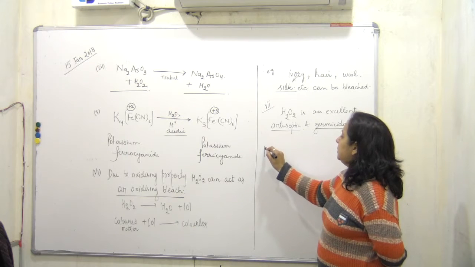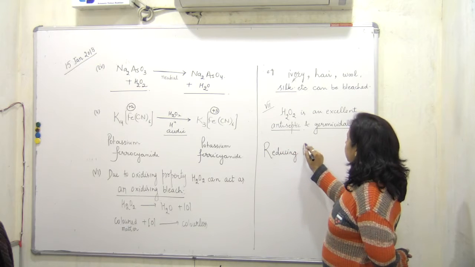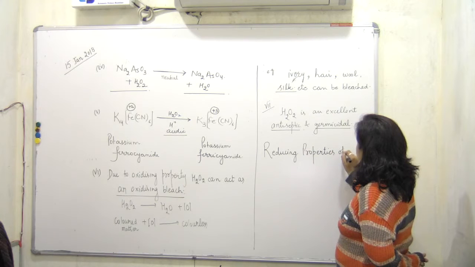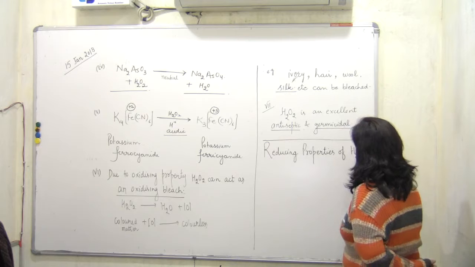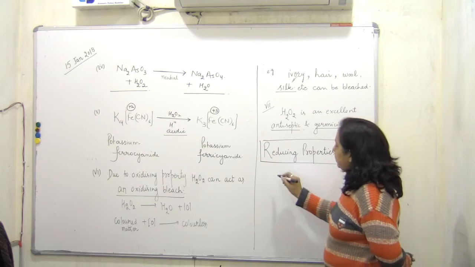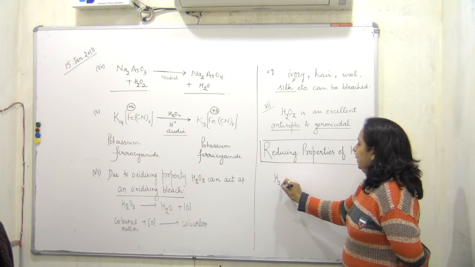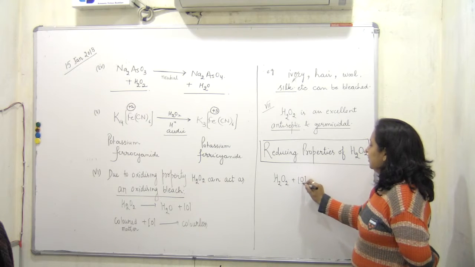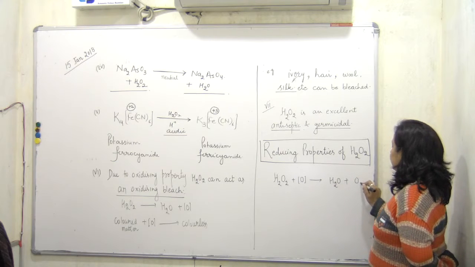Next we have reducing properties of hydrogen peroxide. Reducing properties of hydrogen peroxide are: hydrogen peroxide can gain one oxygen and is converted to water plus O2.